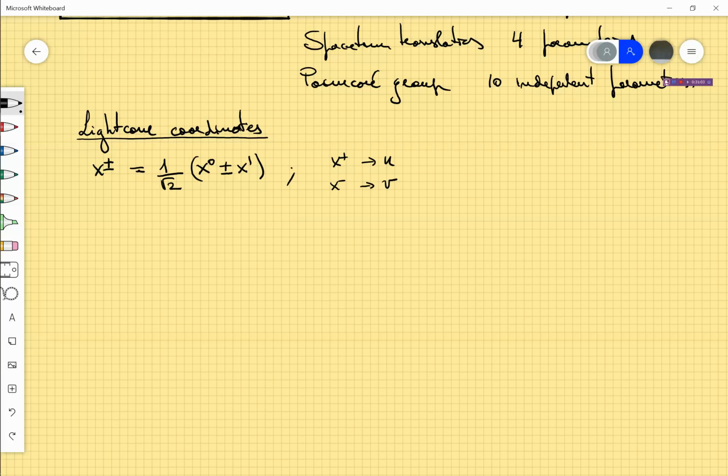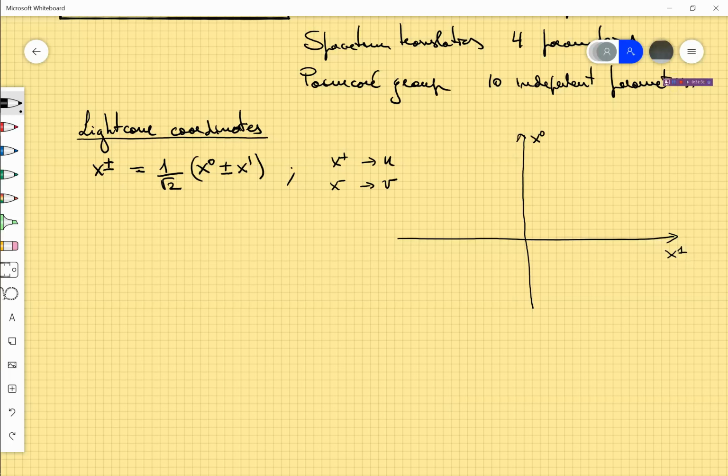And okay, if you draw these coordinates, so you draw a coordinate system x0, x1, this is a space-time diagram instead of the spatial diagrams that I drew before, that only contained x1, x2, and so on.